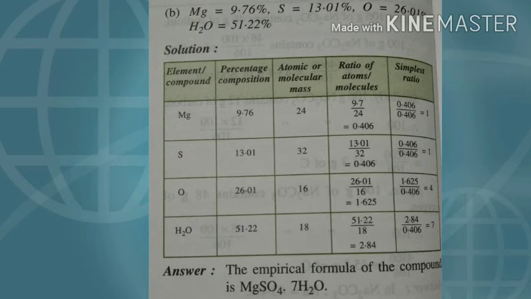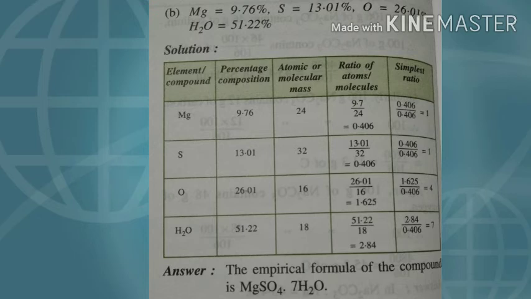Now let us do the final step. What is the final step? Yes, we have to find the simplest ratio. How can we find the simplest ratio? We have to select the smallest number from the ratio of atoms or molecule, the atomic ratio. Which is the smallest number among these ratios?